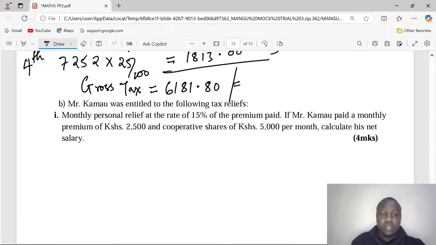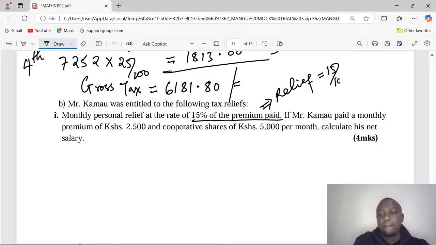Part B, Mr. Kamau was entitled to the following tax reliefs: monthly personal relief at a rate of 15% of the premium paid. So we can now calculate the relief already. 15% of the premiums paid.